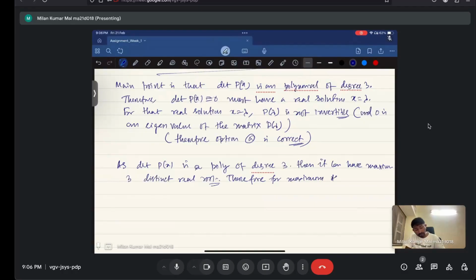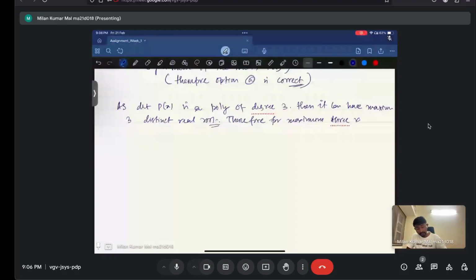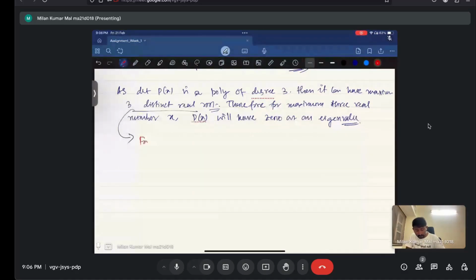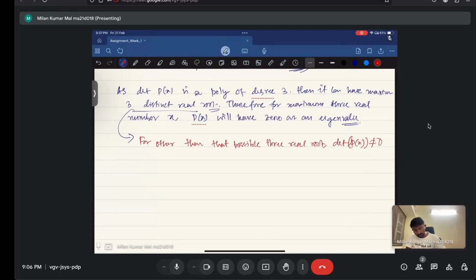So therefore for maximum 3 real numbers x, px will have 0 as an eigenvalue, because for all other than those possible 3 real roots, determinant of px is not equal to 0, and consequently 0 is not an eigenvalue.